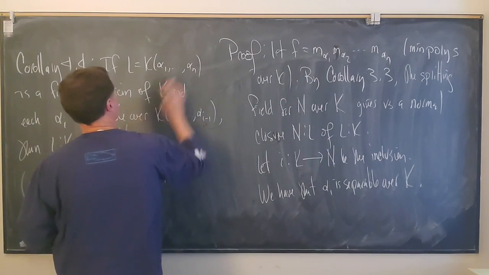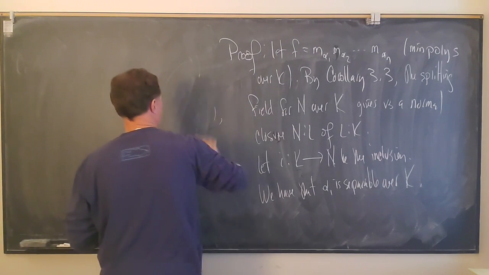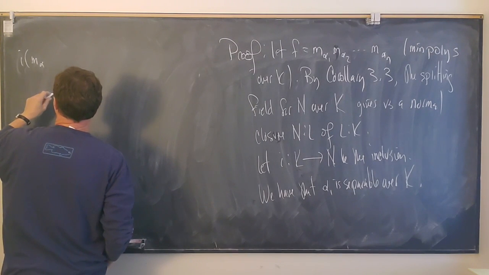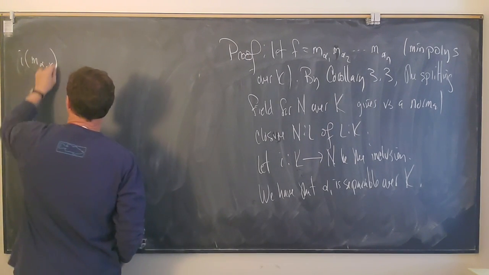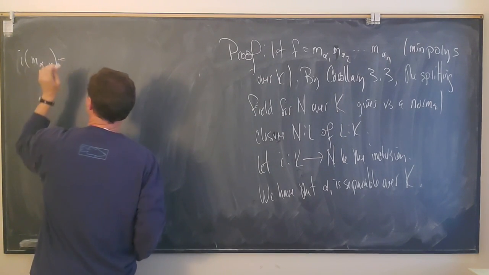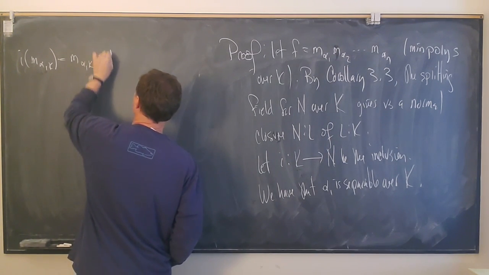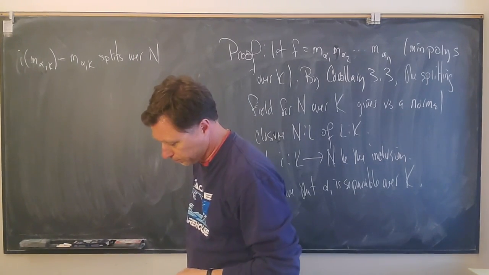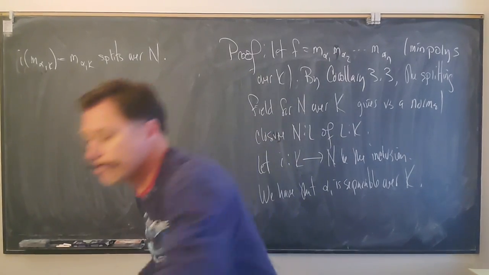So I of m sub alpha 1. I guess I'd better start double subscripting. That's just m sub alpha 1 K. This is equal to m sub alpha 1 K, which splits over N. Oh, I got a typo in my notes, let me fix that real quick.